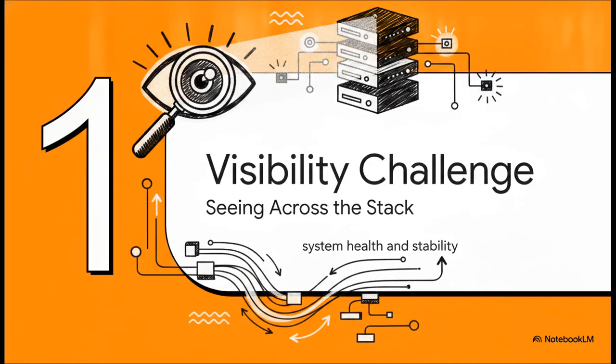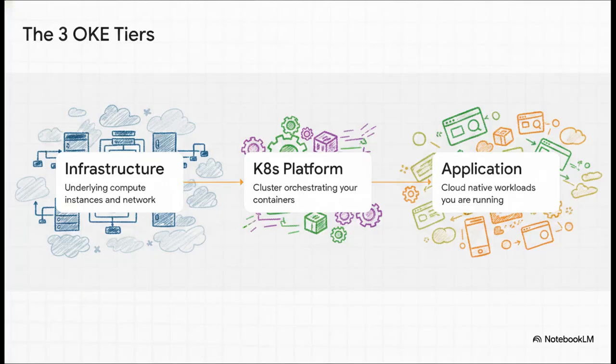Okay, kicking things off with Section 1, the OKE Visibility Challenge, and why seeing across your entire stack is absolutely crucial. You know as well as I do, to get true operational insights, you can't just stare at your app and ignore everything else. When we talk about the stack, we're really looking at 3 specific tiers. First up, the infrastructure tier. That's your underlying compute instances and the network holding the whole shebang up.